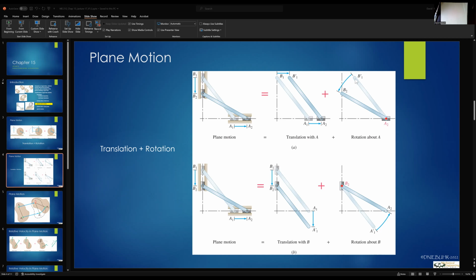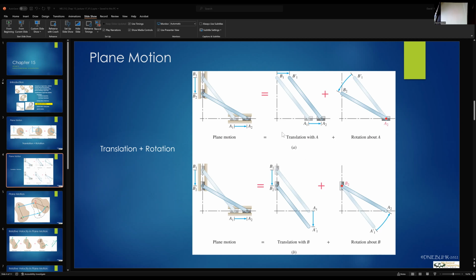Whether we do it that way or write it the other way, with B being the part that moves and A being the part that rotates, it's still going to give us the same exact results in the end. That's what's nice about it: we don't have to worry about which one we pick.